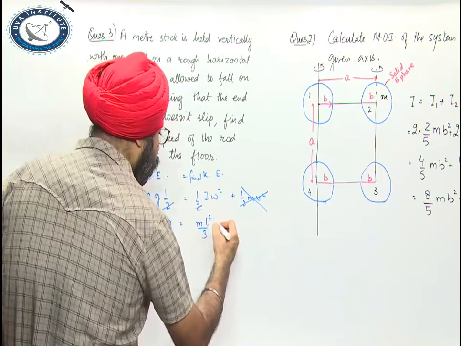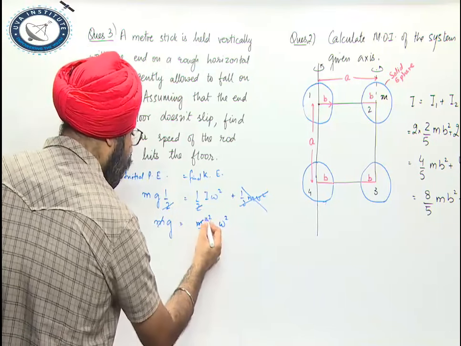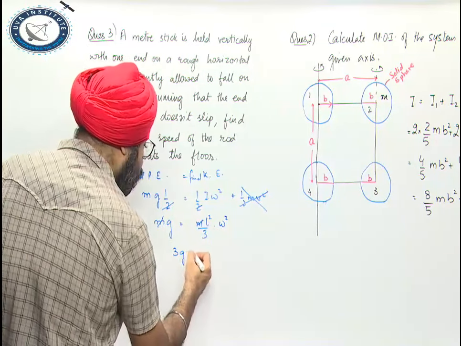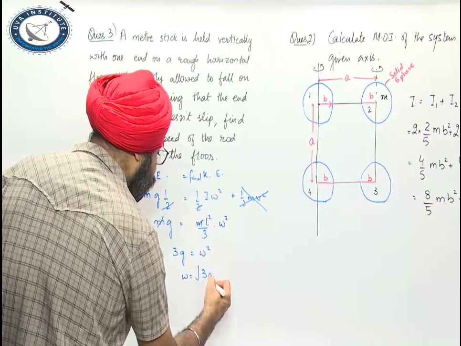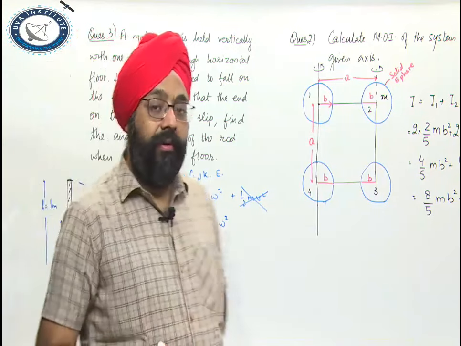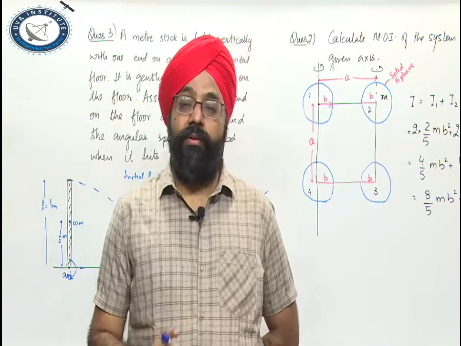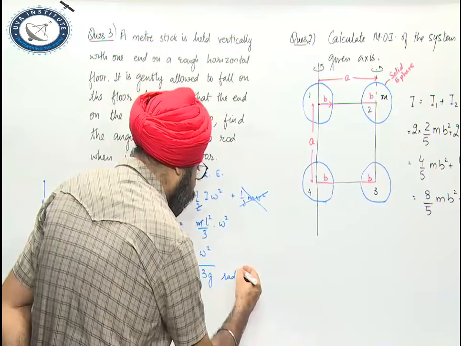This omega I have to calculate. m gets cancelled out. L is equal to 1. 3g is equal to omega square. Omega is equal to under root of 3g. So this is my angular velocity, under root of 3g radian per second.